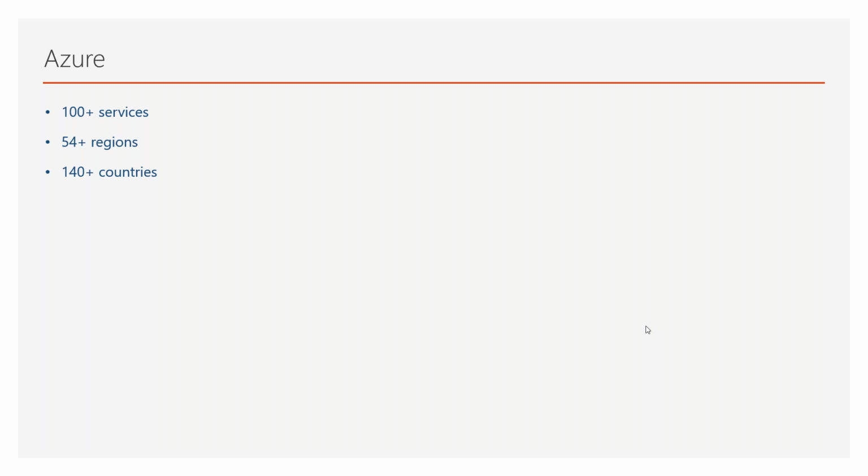Azure is available in 140 plus countries, which means customers from 140 countries can connect to Azure. Deployment happens in approximately 55 to 56 regions, but people from 140 plus countries have access to Azure.